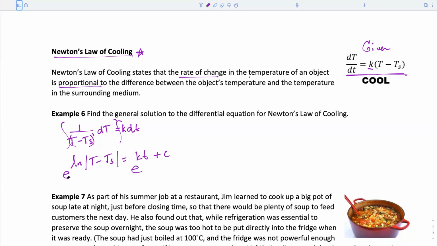The only difference is that when you do this, you get T minus Ts is equal to Ce to the kt. And here we are not solving for Ts, we're solving for T. So T is equal to Ce to the kt plus the temperature of the surroundings.